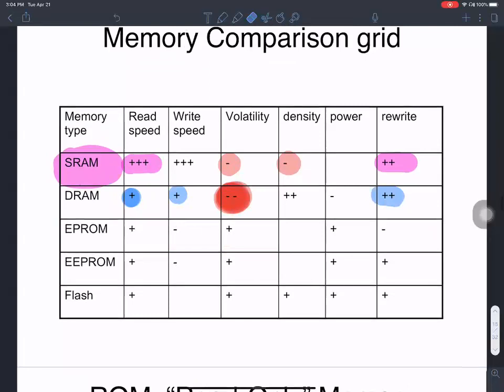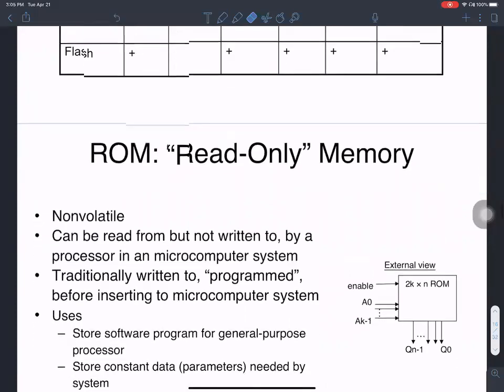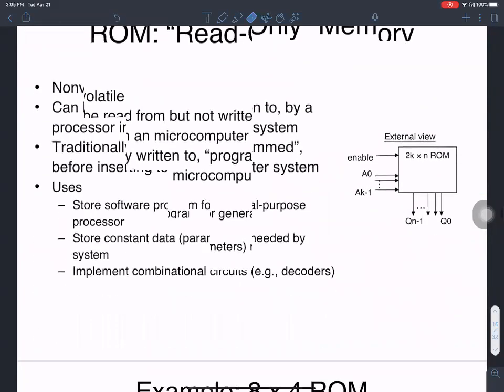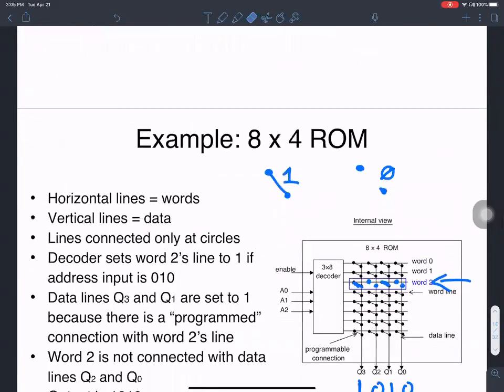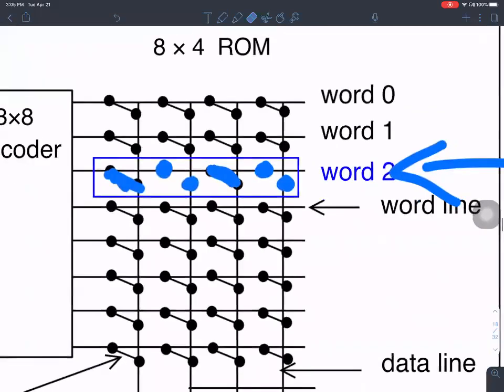Then we talked about the advantages, disadvantages of the entire spectrum of memories, SRAM, DRAM, flash, so on and so forth. We looked at the comparison table in terms of read speed, write speed, volatility, density, power, and rewrite. And we looked at the different kinds of memories, ROM memory. What technology you use, that decides the kind of memory.